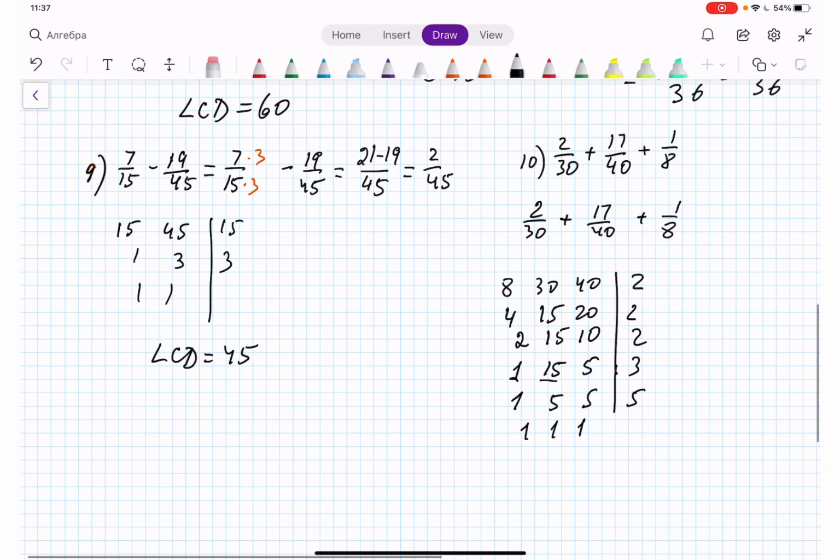So LCD is 2 times 2 is 4, 8, 8 times 3, 24, 24 times 5 is 120, which means 120 divided by 30 is 4 and 4 is 3 and 3. 120 divided by 8 is 15. 15 here, 15 here.